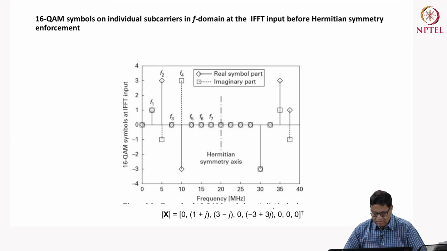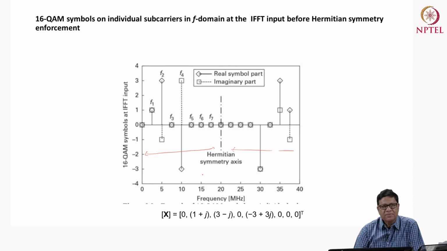So just to give a flavor of signals at different points. So this I have taken as 16 QAM signals. So basically you see 8 here, and this is the Hermitian symmetry axis, because we have to recall that the first half and the second half, they are related.